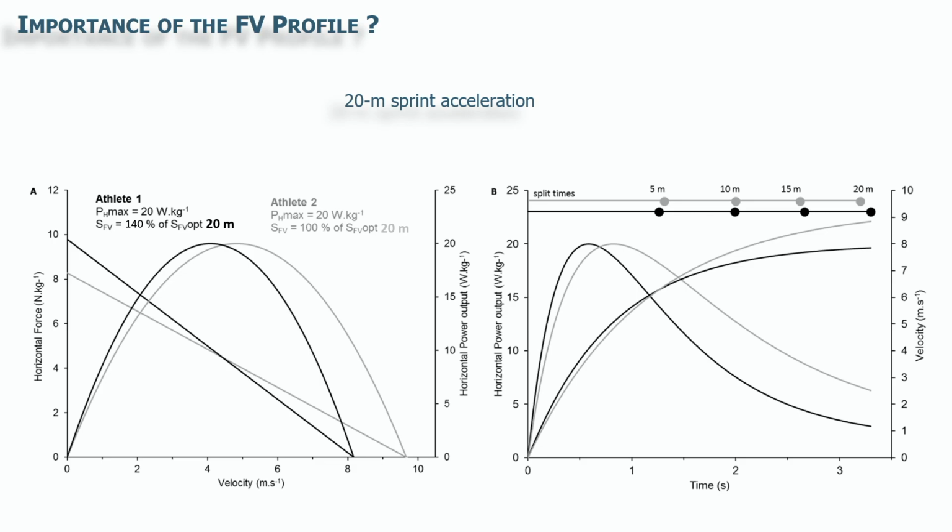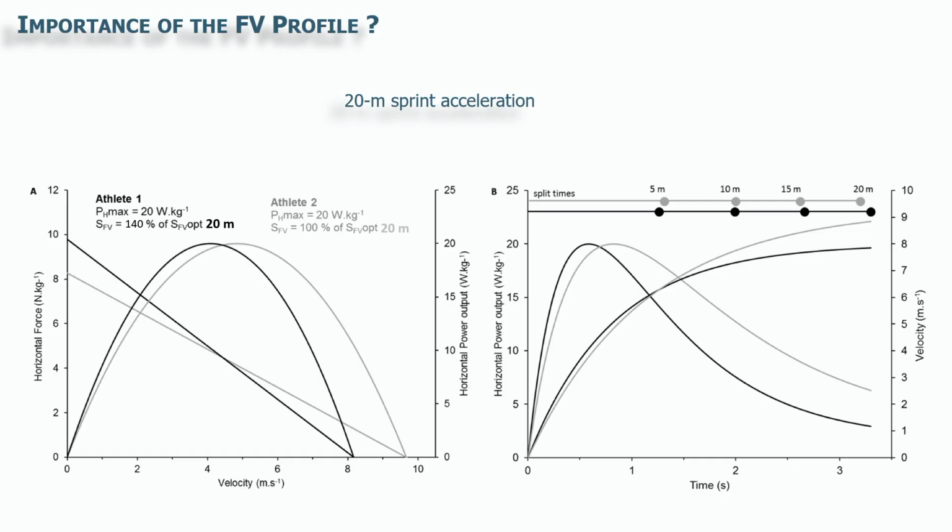The fact, and very important, is that they present exactly the same maximal power. But when we observe what occurs during sprinting, we can see that athlete number 2, with the optimal profile, is able to produce higher power output all over the acceleration. They have the same maximal power, but during sprinting he is able to produce more power because he has a good profile.